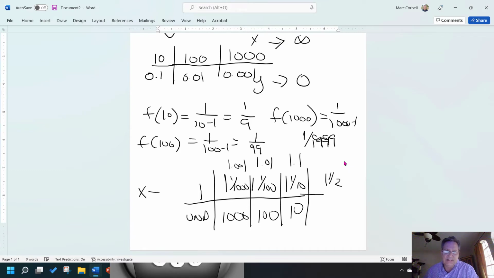So as x approaches 1, and we're going to be really specific about how we're going to write this. So I'm going to use a superscript with a plus sign, and that means really from the right, or the right-hand side. So as x approaches 1 from the right-hand side, y is getting bigger and bigger, 10, 100, 1000.